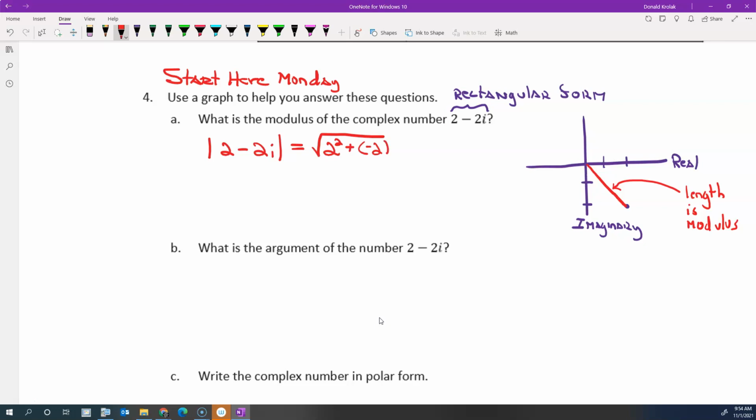There's no i, because all you're doing is using the Pythagorean theorem on this triangle. This is 2. The negative just means it's going downward. So this length right here really doesn't matter that it's -2. You could just put 2. Right, that's the length.